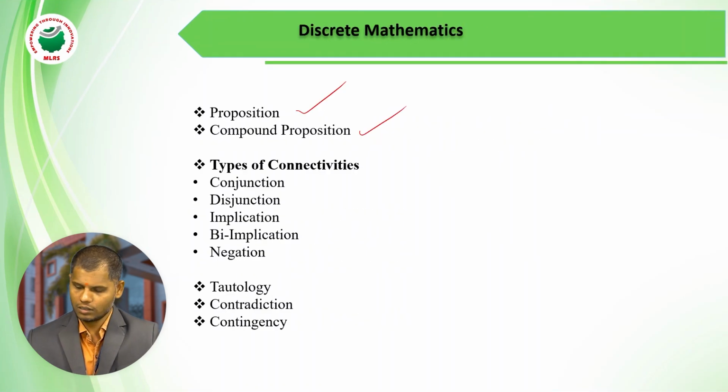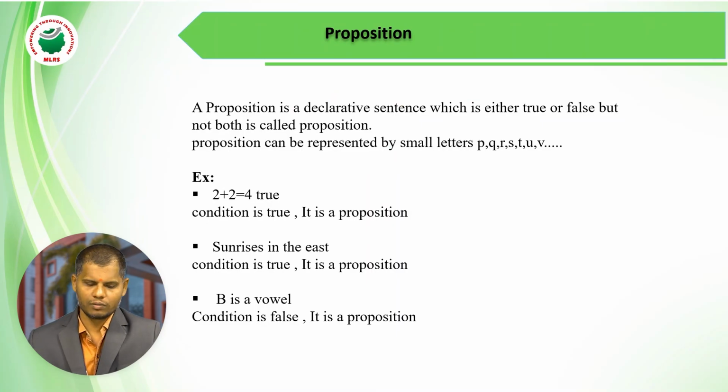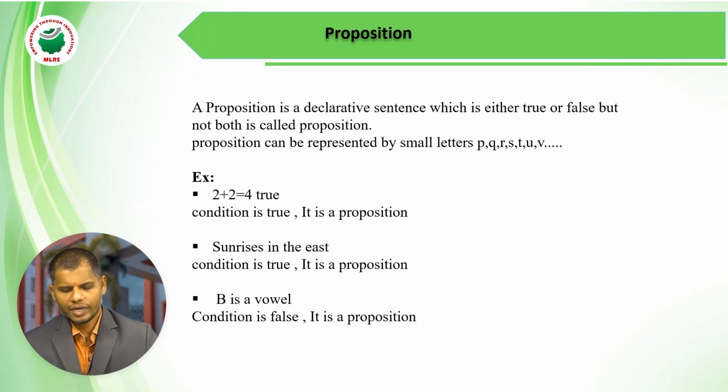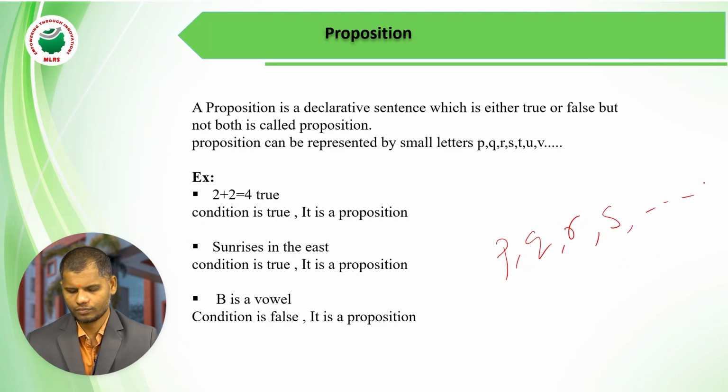Okay, we'll see some examples. A proposition is a declarative sentence which is either true or false, but not both. Propositions can be represented by small letters like p, q, r, s, and so on.